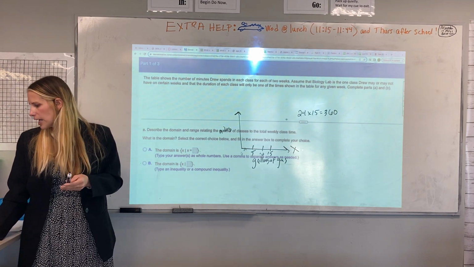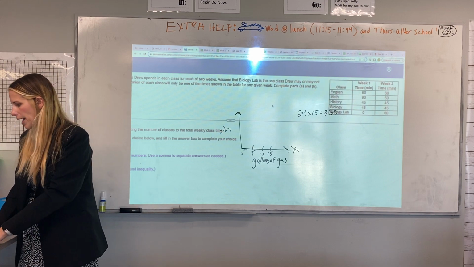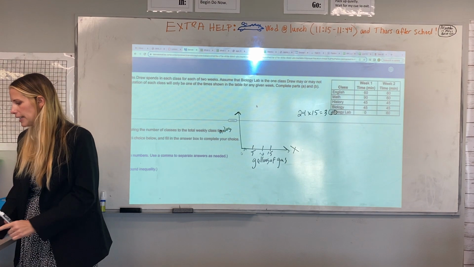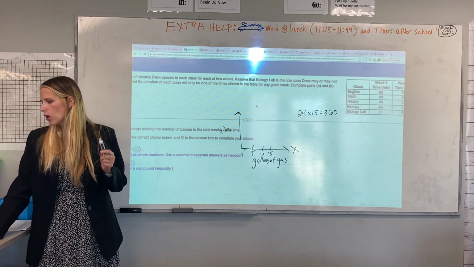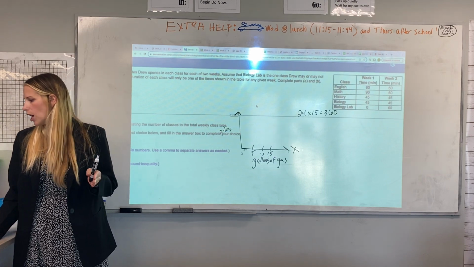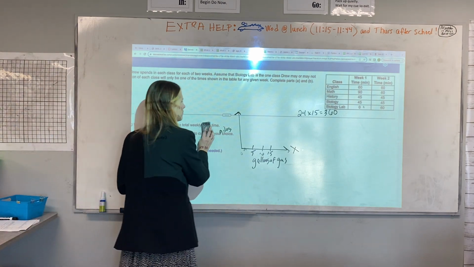All right, so the table shows the number of minutes. This one was really tricky. This one I needed help on. The number of minutes Drew spends in each class for each of 2 weeks.